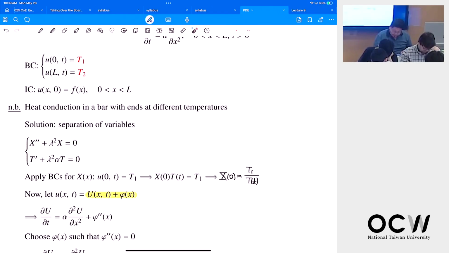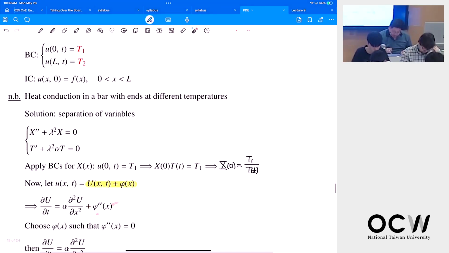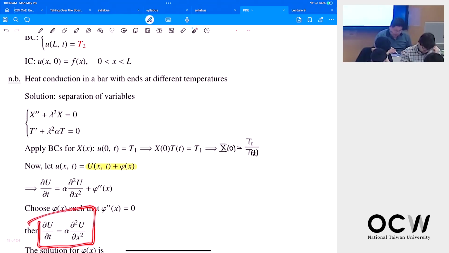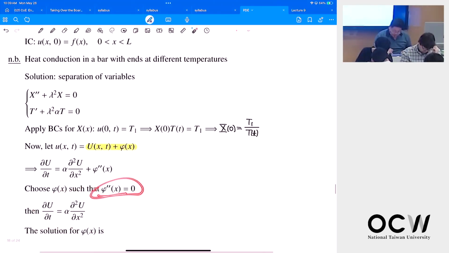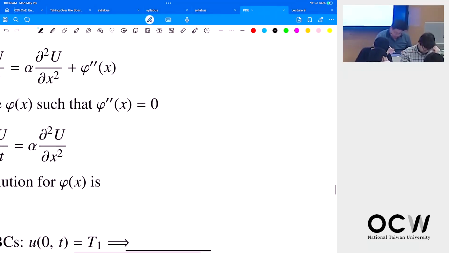For this phi of x, bring this back to the partial differential equation. We have phi double prime, and we need to choose phi double prime equals 0. Then I still have the homogeneous differential equation. So phi double prime equals 0. Phi could be a constant times x plus another constant.